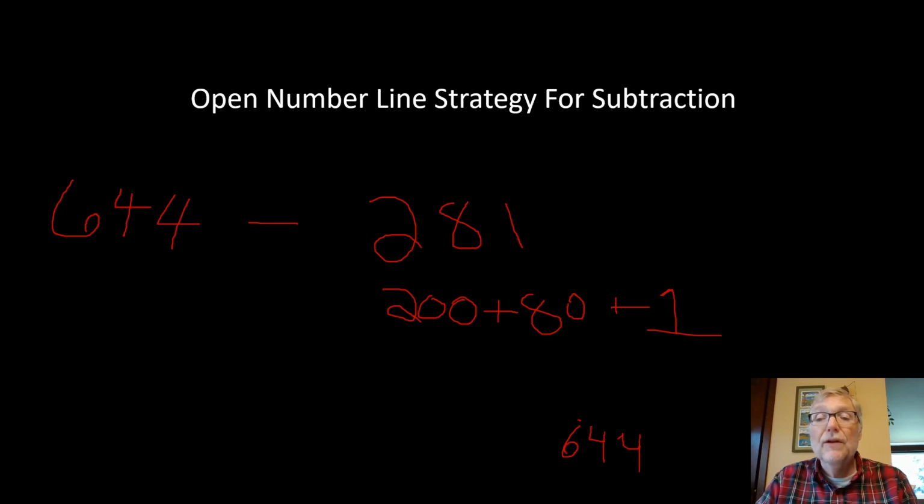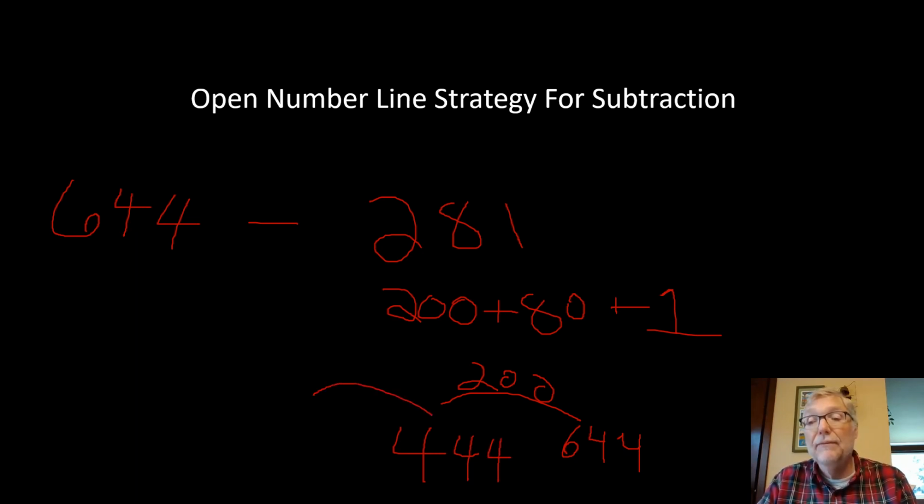Now most of the students don't have a problem here in the hundreds place. 200, they would know that's 444. Now this is where some students have some difficulty subtracting the 80 because they're having problems taking this big hop back. So what you might have to do is break up the 80 and do 8 tens.